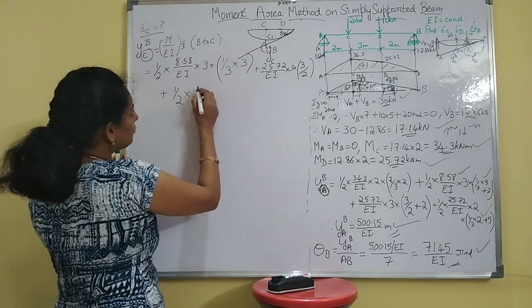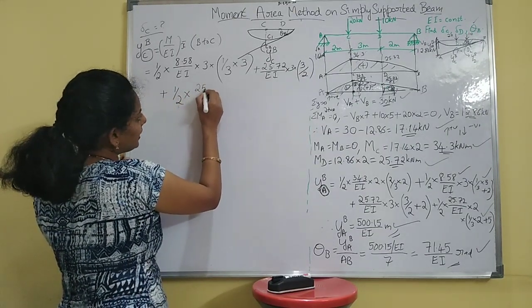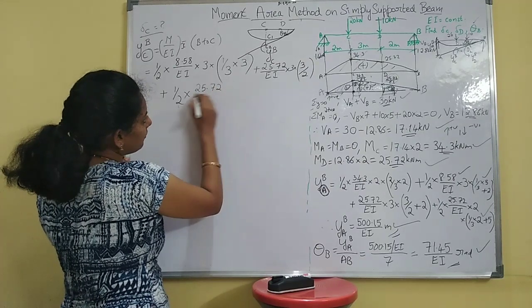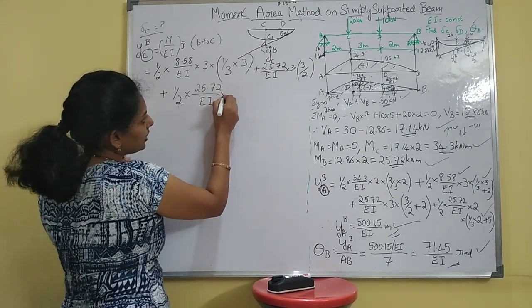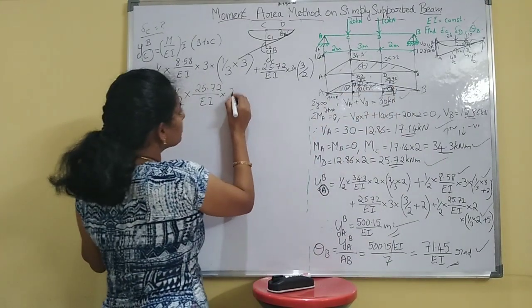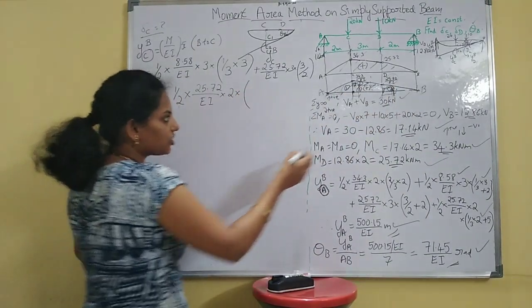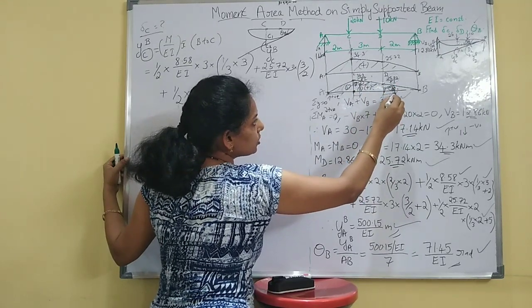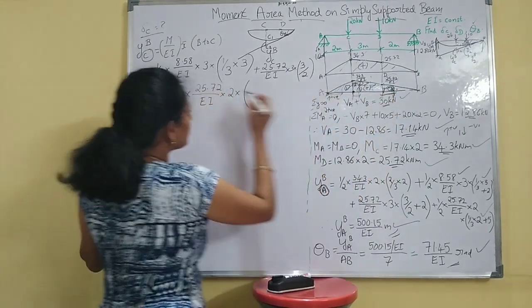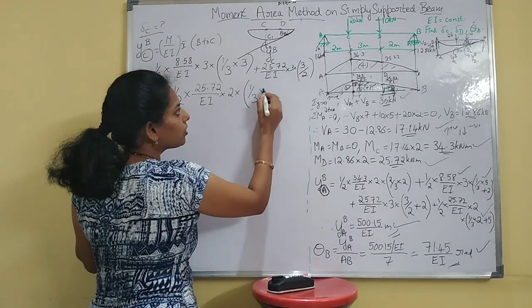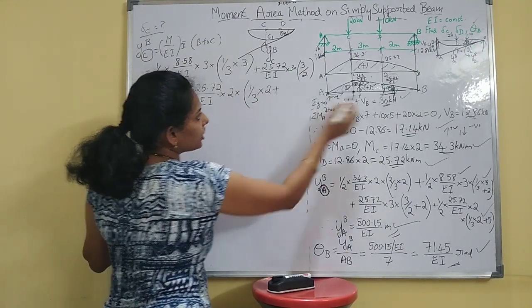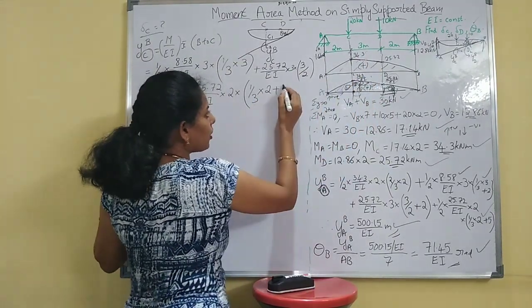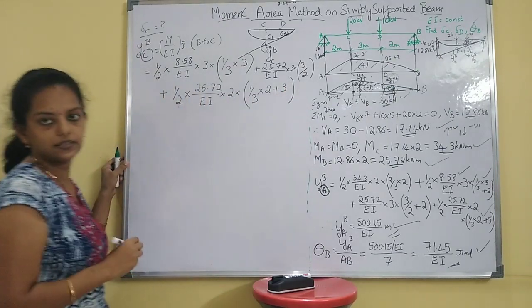So for triangle, half into base into height, area. So 25.72 by EI into distances 2 meter and centroidal distance. So you have to consider with respect to C. So this plus this is nothing but 1/3 of 2, and you have to consider up to point C. That is point C means plus 3.